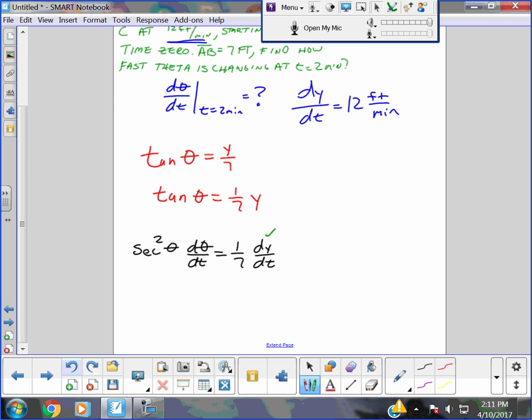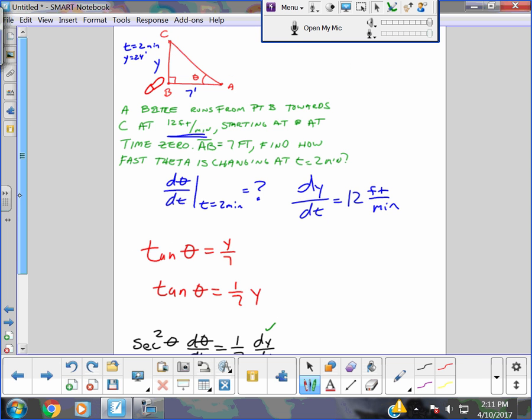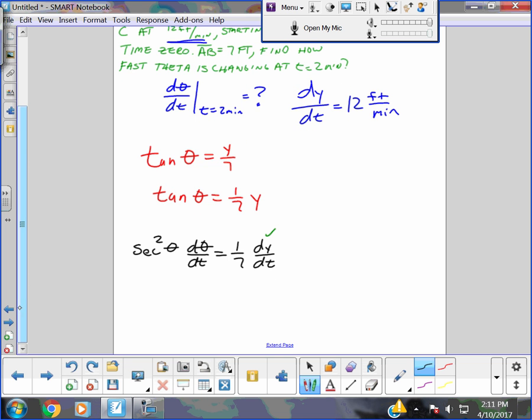Well, at this instant, I'm going to pull this triangle, the red triangle, and draw it down here. For the secant squared, all I really need to know is this. We know those two legs right now. Do you guys agree? A quick Pythagorean theorem: 24 times 24 plus 49.